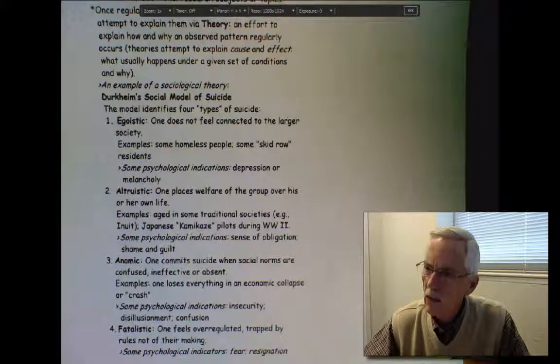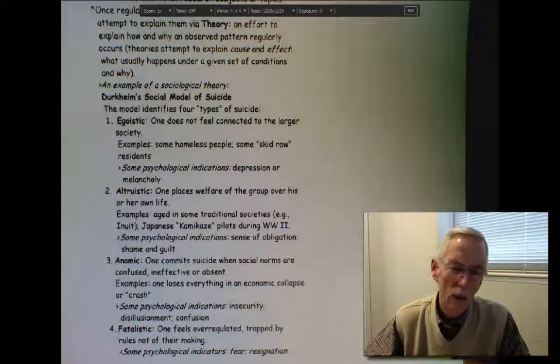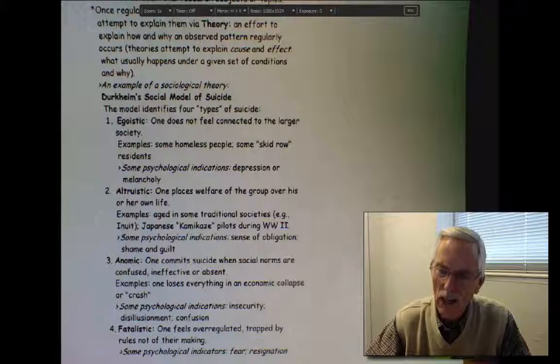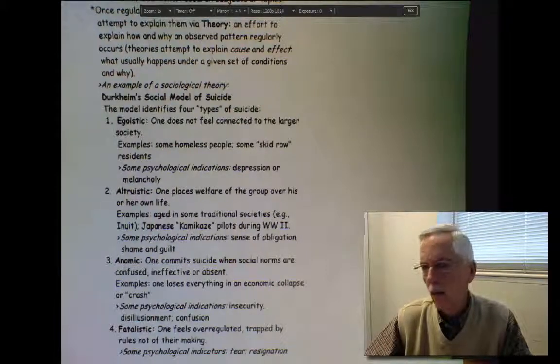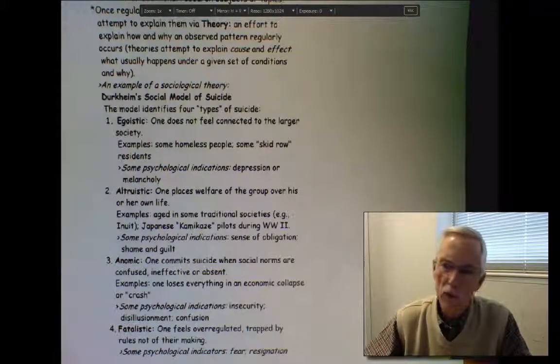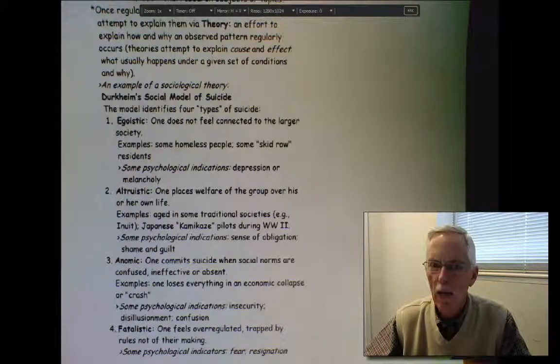We're talking about something that's well supported and testable. It's not just somebody's guess. And that's the difference between a scientific theory and kind of a personal theory. I theorize all the time, but most of the information I employ are just my own biases and insights, none of which have really been tested as such.